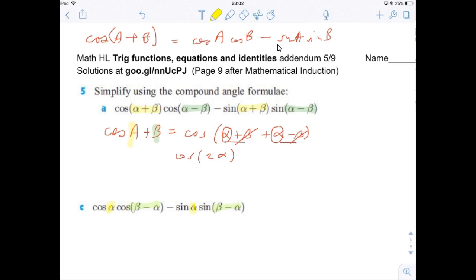So let's write out the substitution. It would be cosine of yellow plus green, so cosine of alpha plus beta minus alpha. The alphas would cancel each other out, and we're left with cosine of beta.